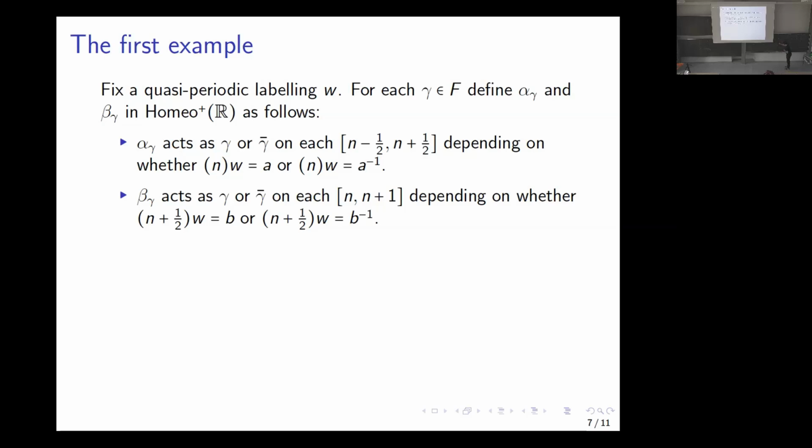So on this interval, because there's a B here, this is going to be beta gamma. We're going to do that, just like gamma. And because this is a B inverse, we'll do that. And then again, B inverse, so like that.